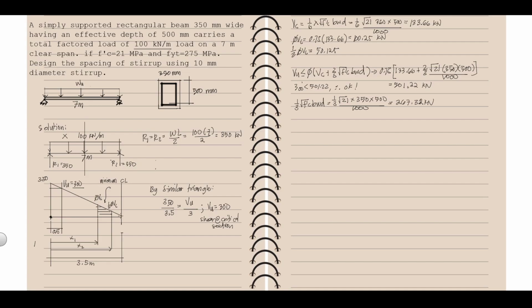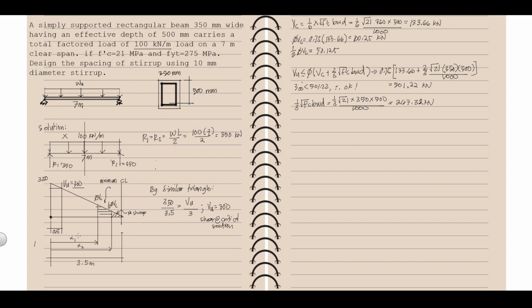And then this zone here, mas mababa yung value ng shear natin sa 1/2 phi VC, ito na yung zone where we don't need to put stirrup. Okay? No stirrup zone ito. No need for stirrup sa zone na to. Tama? Okay. So, we need first to solve what is x1 here and x2. Okay? Para malaman natin kung nasa minimum zone na ba tayo or nasa no stirrup zone na tayo.